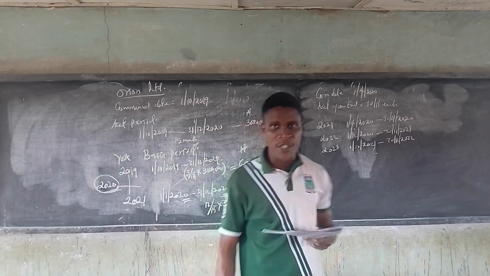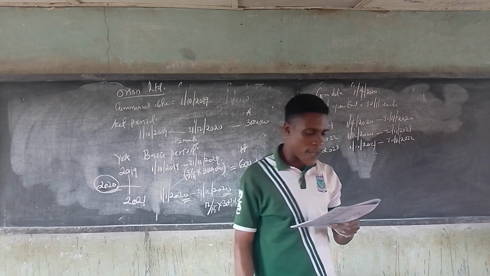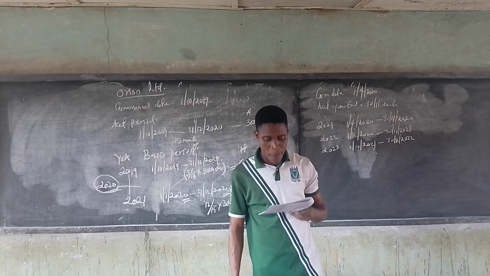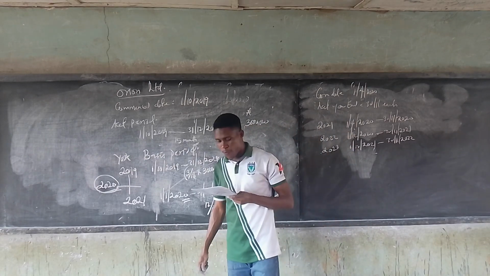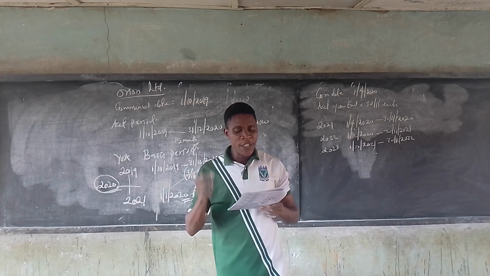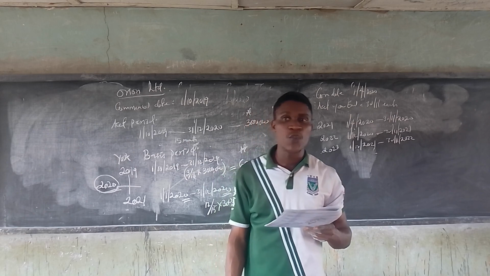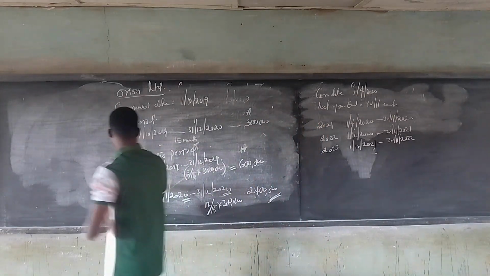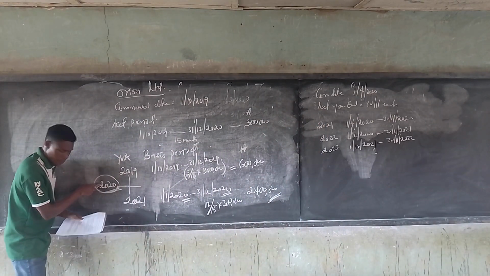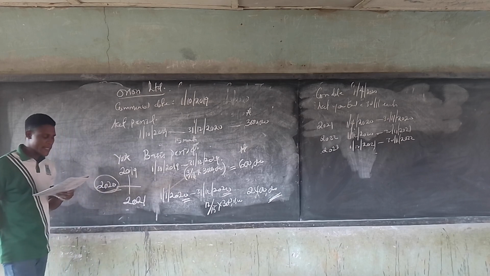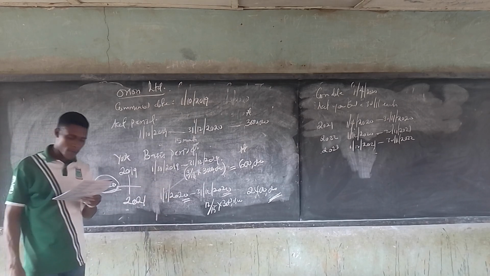Let me read the comment in the solution. Go to page 55. Are you there? Arising from the above, the company did not have any assessable profit for year 2020. No profit in 2020. Hence, it will not pay tax in 2020.